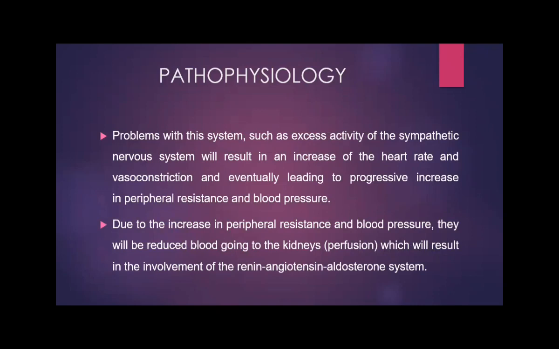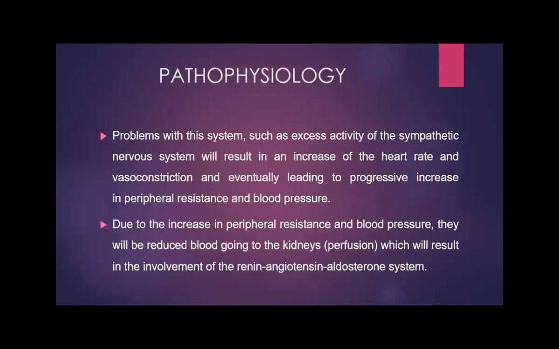When there's an increase in the heart rate and vasoconstriction, there will be an increase in the peripheral resistance, meaning the blood vessels will constrict, and eventually the blood pressure will rise. That's how the blood pressure increases. Due to the increase in the peripheral resistance and blood pressure, there will be reduced blood going to the kidneys, which will result in involvement of the renin-angiotensin-aldosterone system.